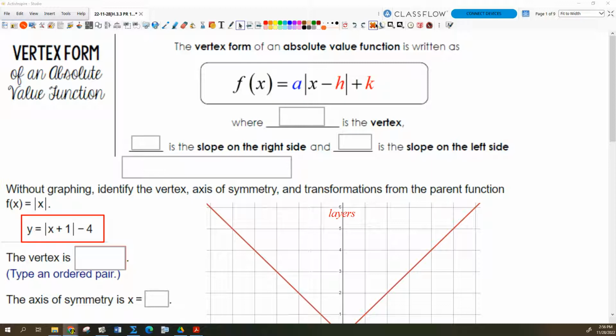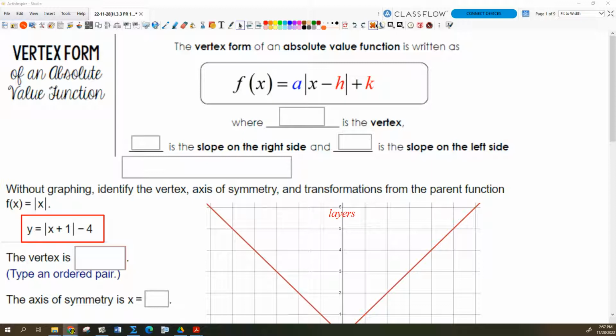So the vertex form of an absolute value function looks exactly like the stuff we were doing last time, right? But instead of thinking about it as two separate translations, we're just going to recognize that this is a vertex form of a V-shaped graph, and what are the coordinates of the vertex? Well, on the parent graph, it would be (0, 0).